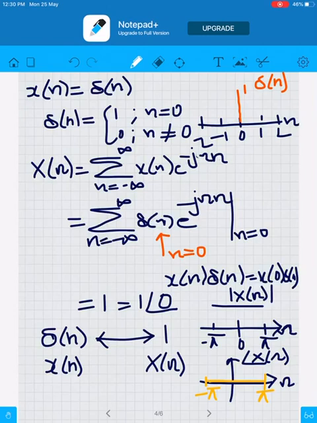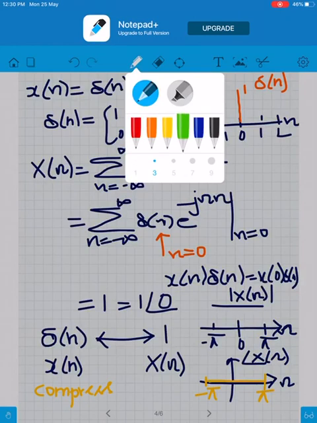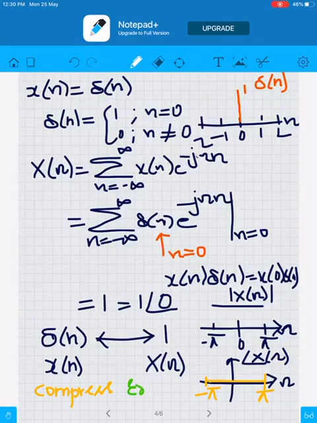So compression in the time domain leads to expansion in the frequency domain. Let us see another example.